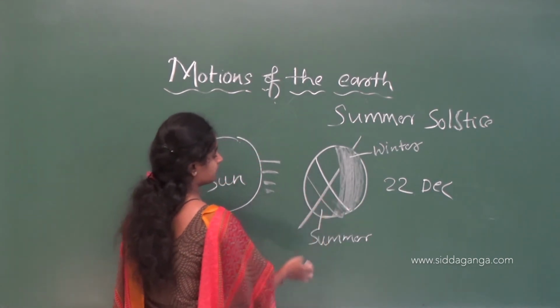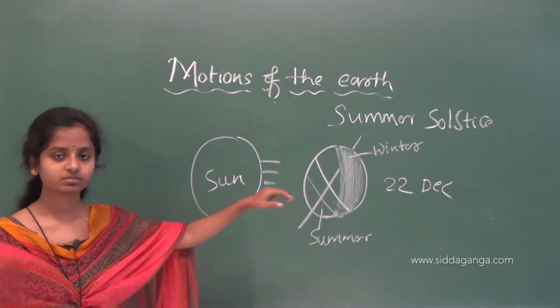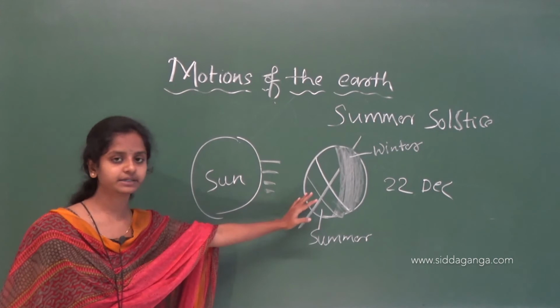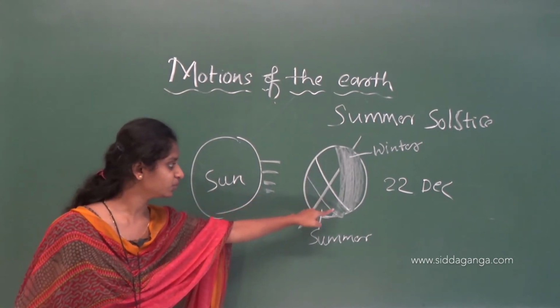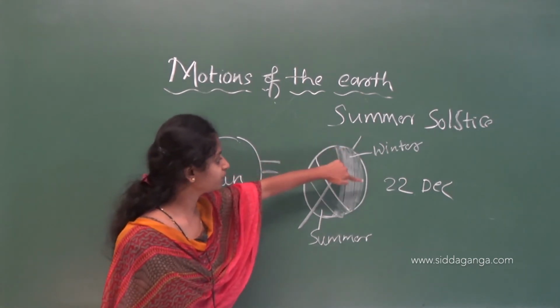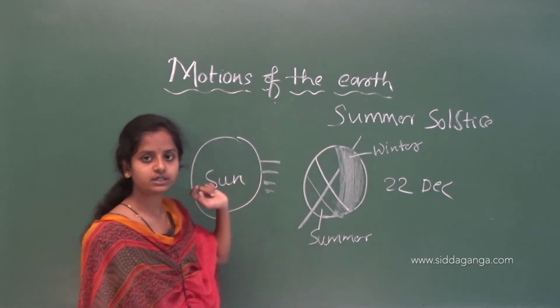So on the 22nd December, this Tropic of Capricorn will receive the heat. That is why this southern portion will be summer and this northern portion will be winter. Understood?